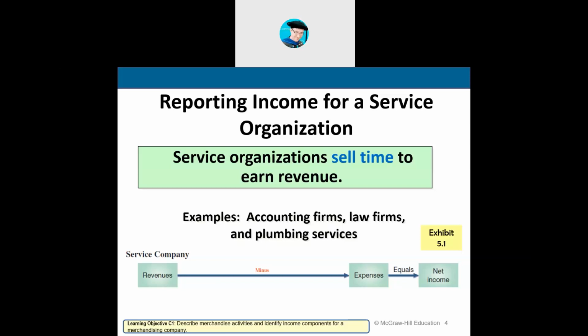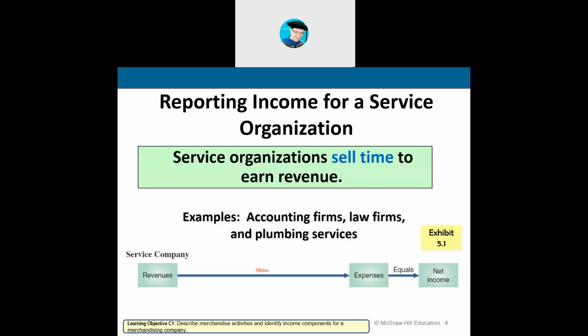So when we sell anything, whether it be a good or a service, we're generating this thing called revenue. Revenue is what the company is earning from the sale of a good or a service. Revenue is your sales. On the income statement, as you recall, it shows revenues, expenses, and ultimately net income at the bottom.